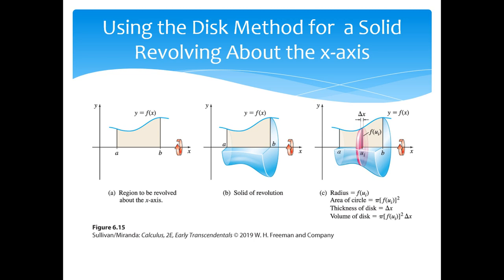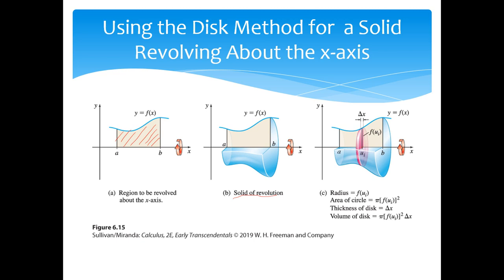In detail, the disk method. So I do have this region here. I'm going to rotate the region around the x-axis. I'm going to form a three-dimensional shape which is known as a solid of revolution. And now my task is to find the volume of this solid of revolution.